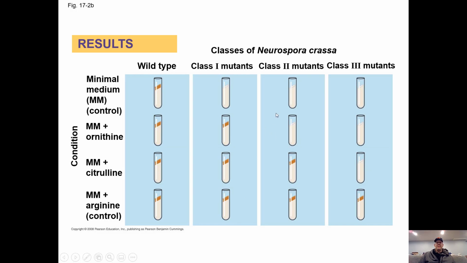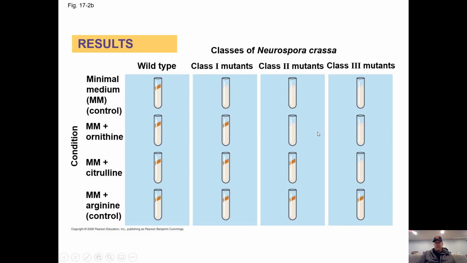The same goes for the class 2 mutants, except if you supplement with ornithine, they still can't grow, but when you throw in citrulline, they can. Whatever enzyme converts ornithine to citrulline is knocked out, much like the enzyme here that's knocked out in class 1.